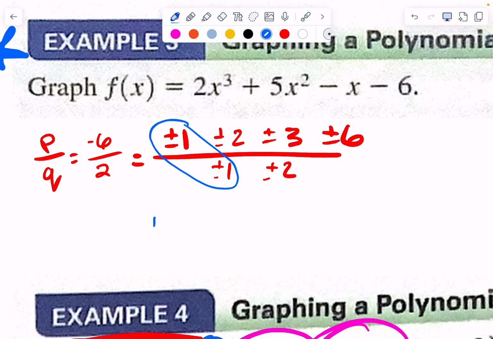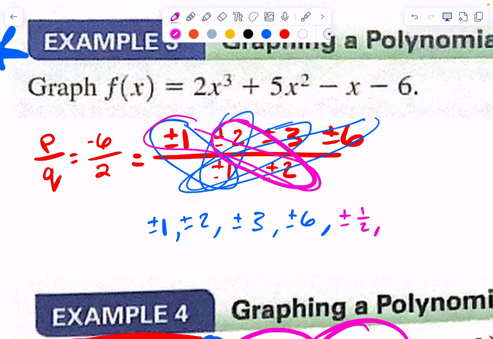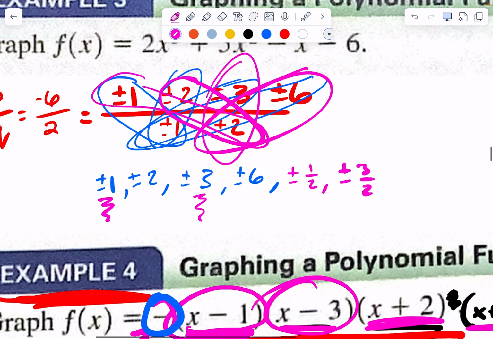So 1 over 1 is plus minus 1. 2 over 1 is plus minus 2. 3 over 1 is plus minus 3. 6 over 1 is plus minus 6. But then I've got to do it with 2, right? So now I start again with 1 over 2 is plus minus 1/2. 2 over 2 is 1 and we already have 1, so we don't have to add it twice. 3 over 2 is plus minus 3/2. And 6 over 2 is plus minus 3, and we already have that. So these are my possible ones.